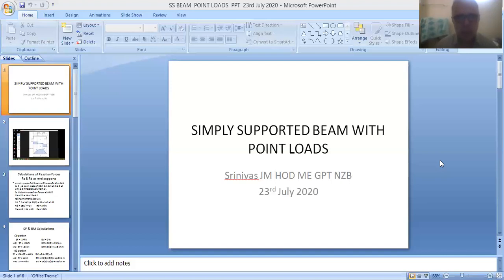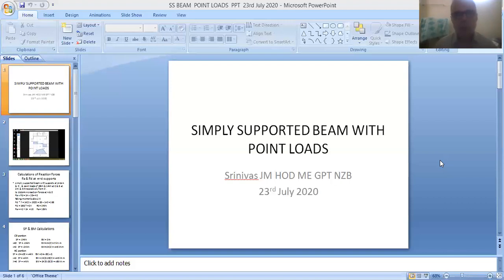And finally, in addition to end supports, if the beam is provided with additional supports at various points, then it is called a continuous beam. So these are the beams generally used for construction of structures, called elements of structures.